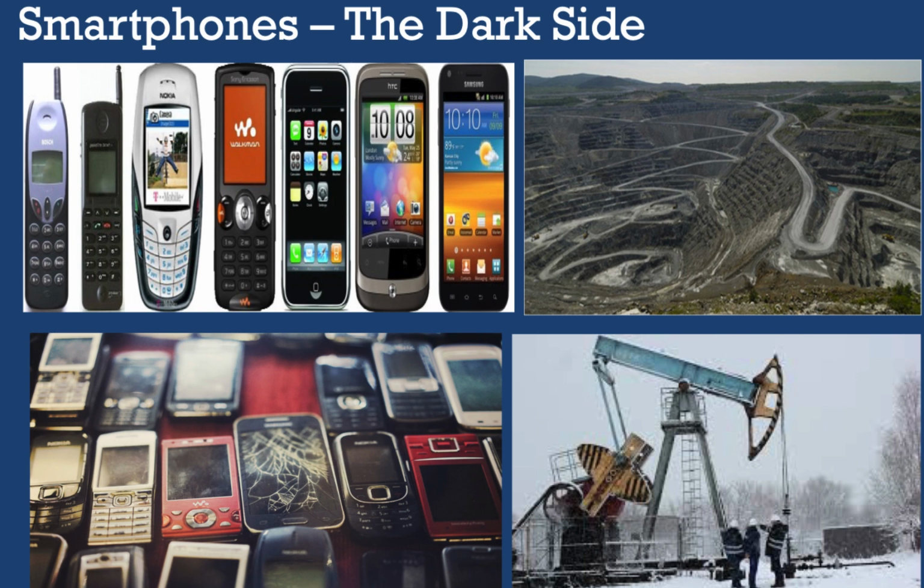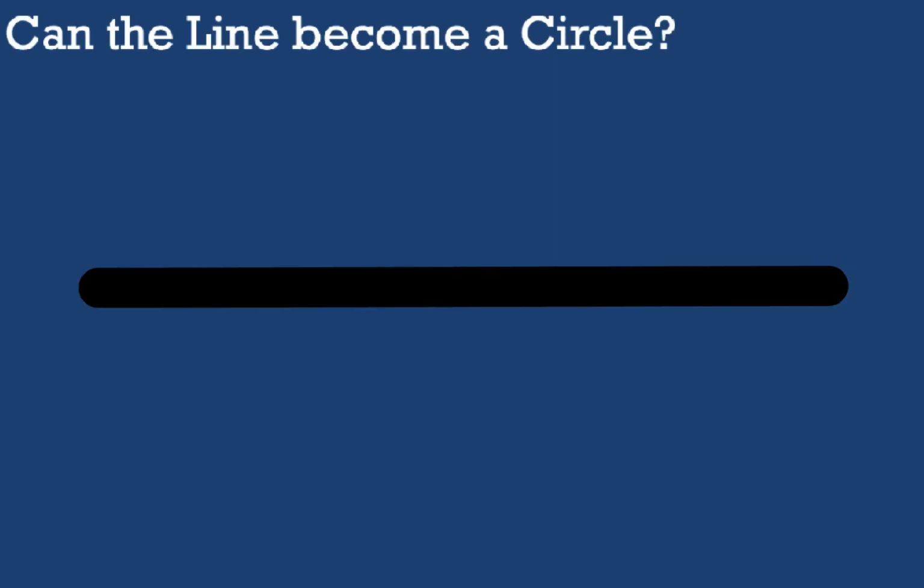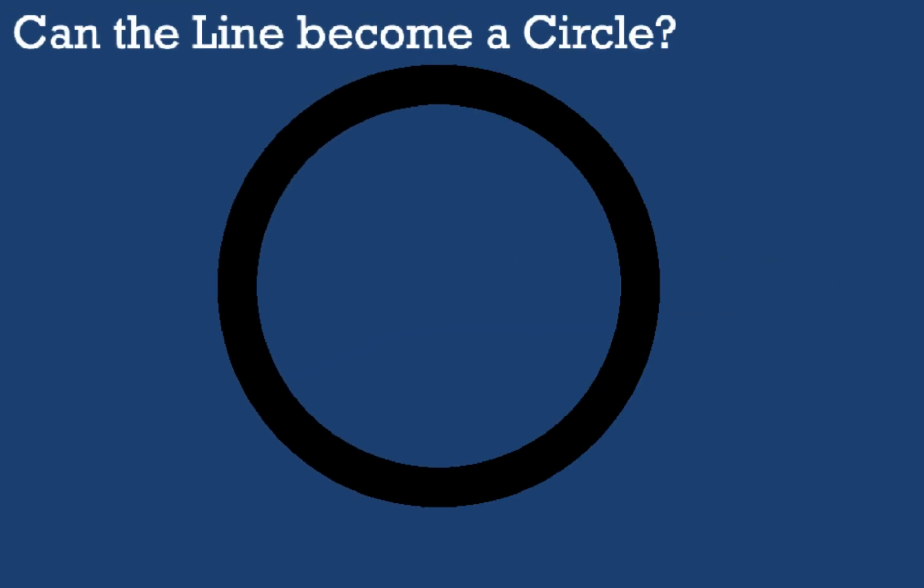So, is there a better way? Can the line, or the linear economy, the one-way economic system that produces so much waste that is not reused, be transformed into the circle that is the circular economy?